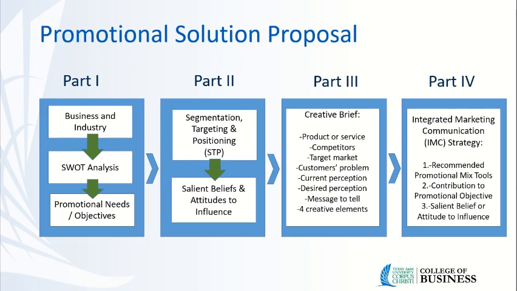And these bases for segmentation are usage pattern or frequency of use by customers, geographic, demographic, psychographics, and segmentation by benefit. So you have to say which of those are the relevant variables or bases for segmenting customers.